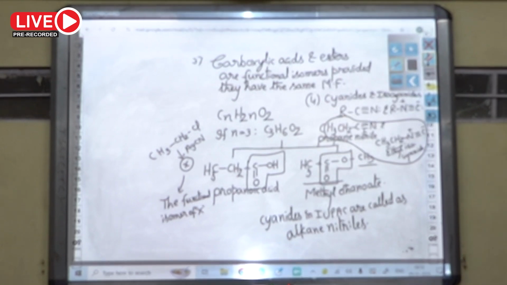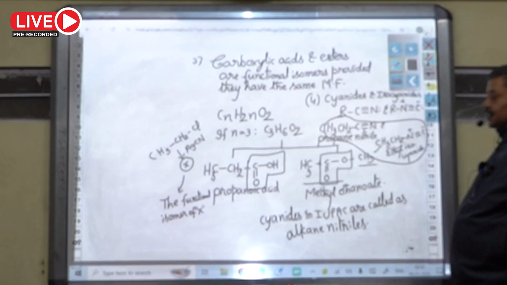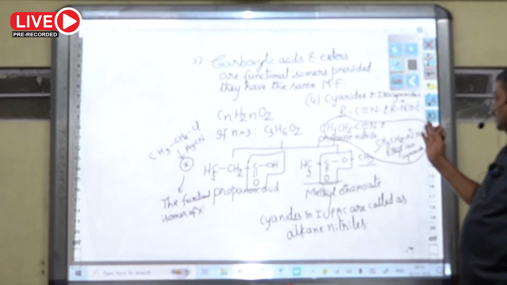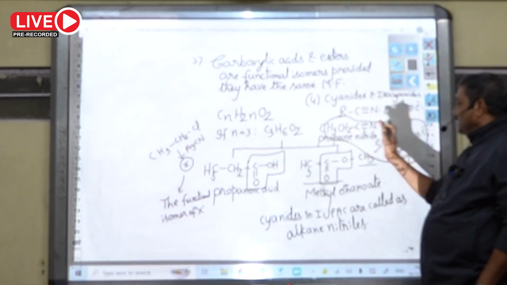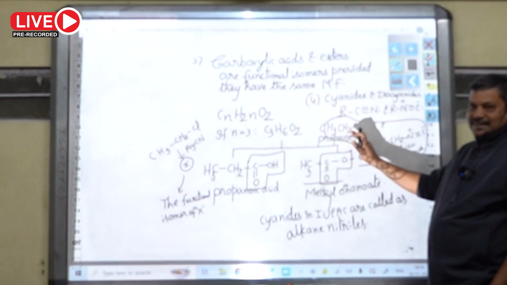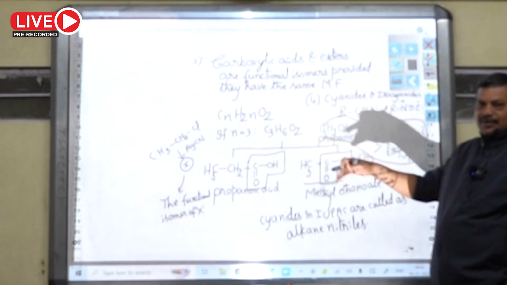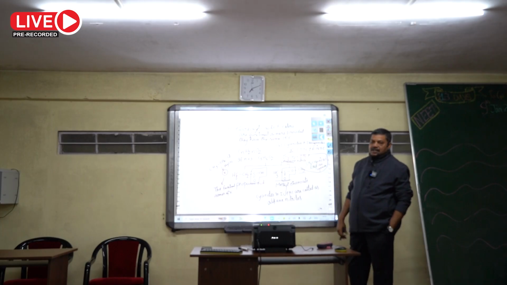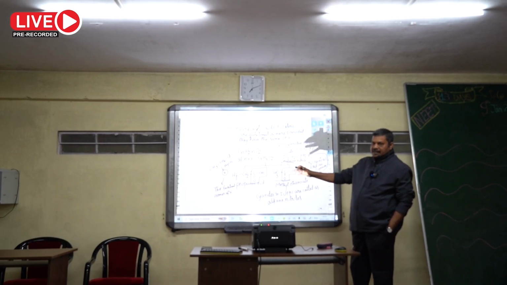This is the main product. X is this. But they have not asked X. The functional isomer of X is this. Hope now you might have followed this. So that's why I recollected your doubt, which is relevant here.